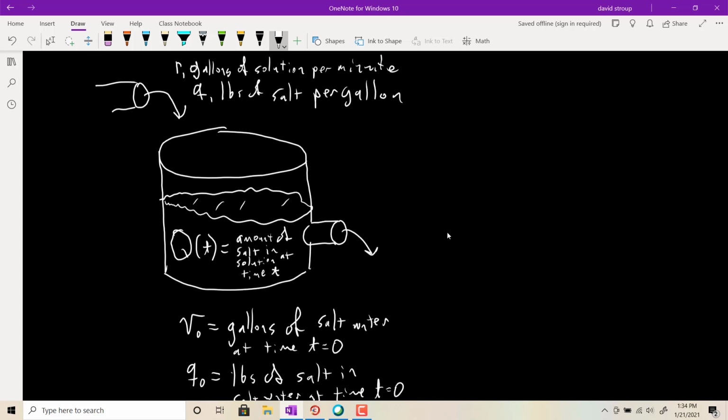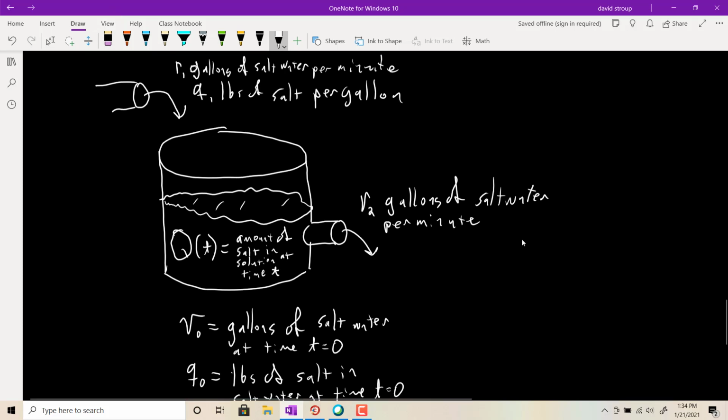And then they'll tell us on the output there are R2, how much is going out, right? So R2 gallons of salt water per minute leaving the tank.